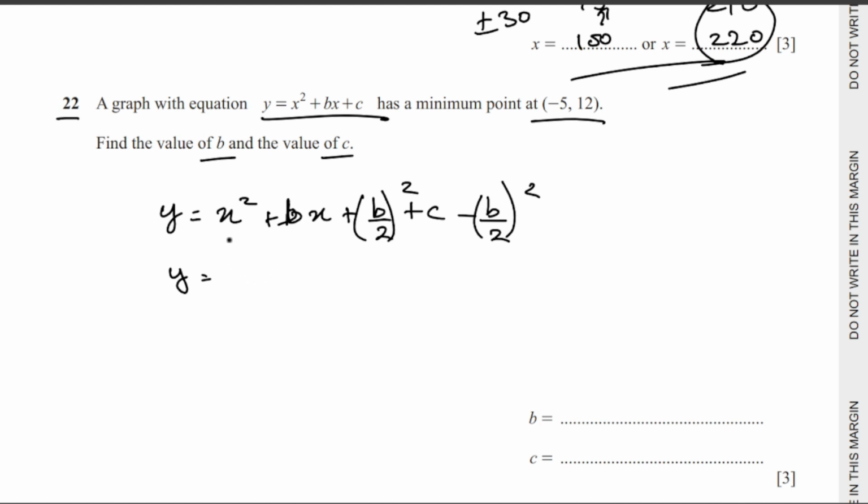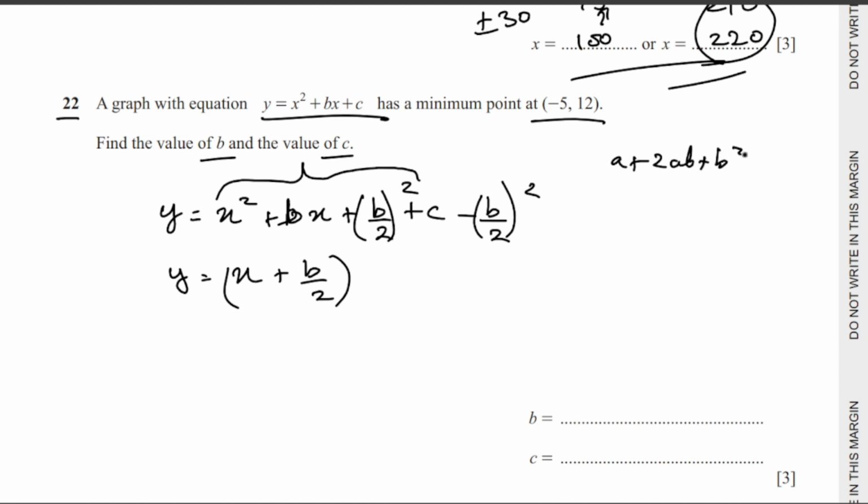So this will just give us x plus b over 2, because if we factorize this, it's in the form of a squared plus 2ab plus b squared. Forgot to put the square. This is in that form, right?